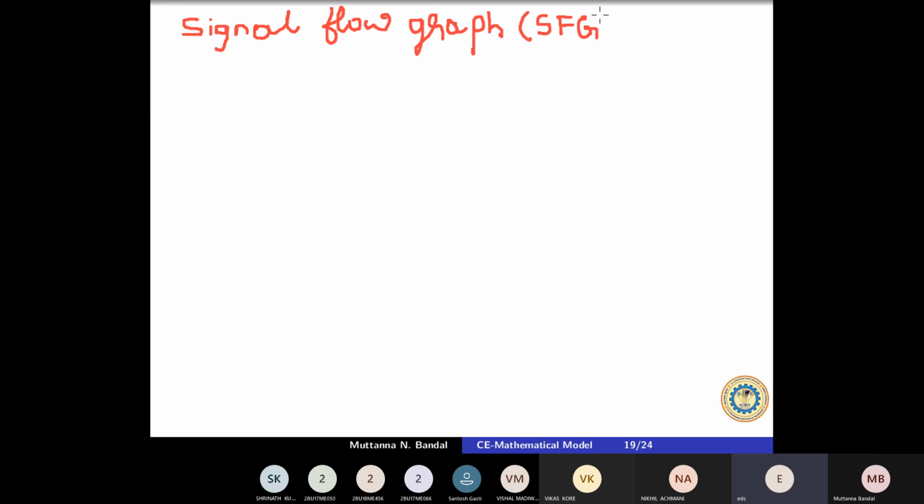We call it the signal flow graph. It can be abbreviated as SFG, and it is also called Mason's gain formula.